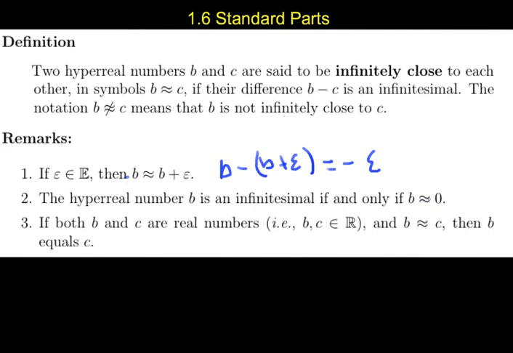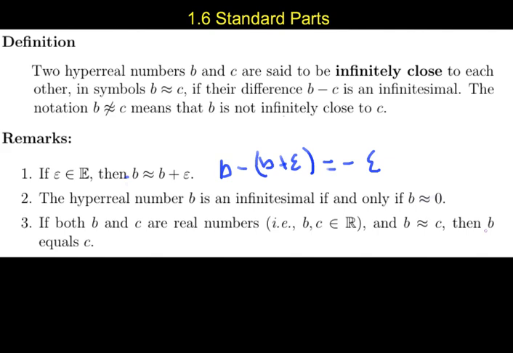And then finally, if both C and B are real numbers, so not hyperreal numbers, but the real numbers that you're used to working with, and they're infinitely close to each other, then they must be equal to each other, right?